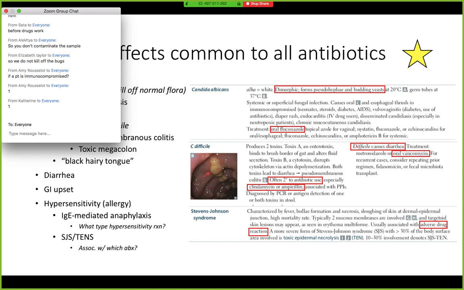And to be honest, I think there's like 100 drugs that are associated with SJS and TENS, but there tends to be a list that are the highest risk. If you just Google mnemonics for Stevens-Johnson syndrome, I think one is something to do with the escape plan, or I don't know. Anyways, the only one you need to know for this exam really is sulfonamides.